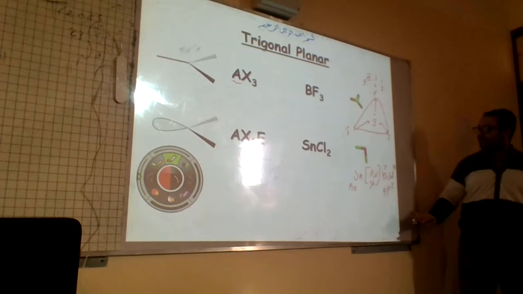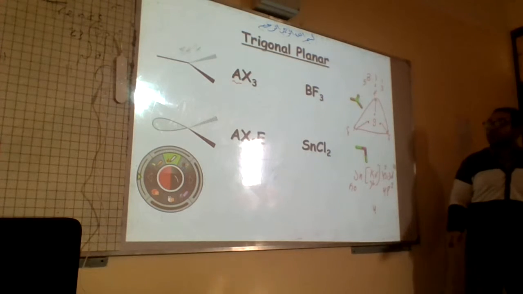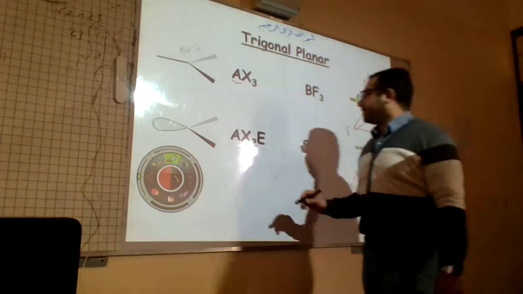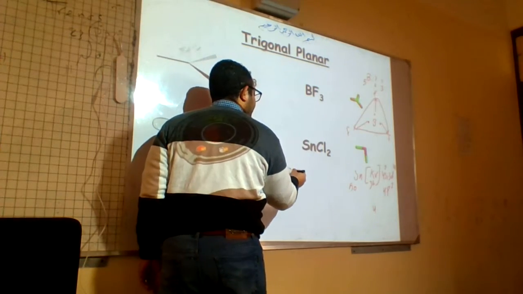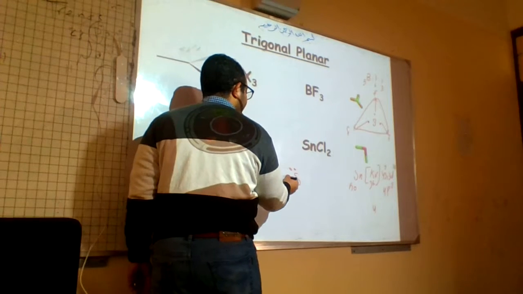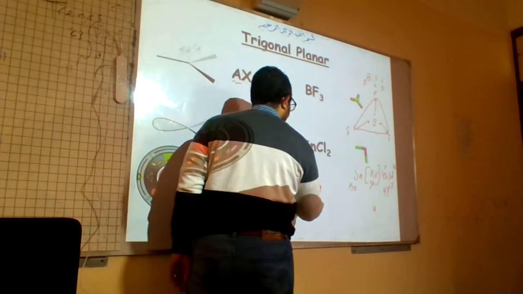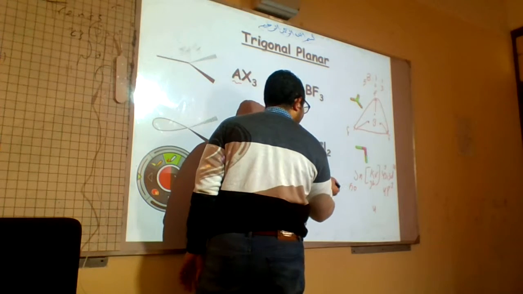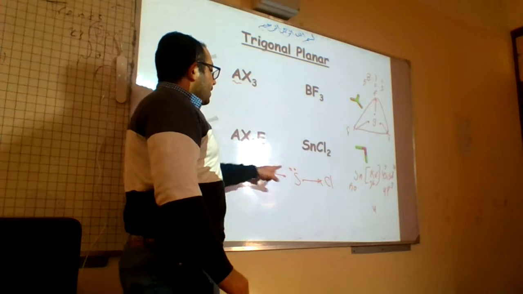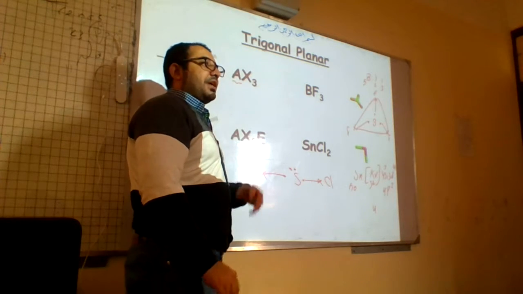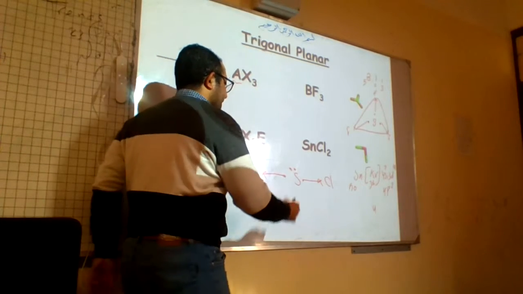We find 2 in the 5s and 2 in the 5p: 4 electrons. So one pair of electrons is unpaired, 1 electron pairs with a chlorine atom, and 1 electron pairs with the other chlorine atom. This unpaired pair of electrons helps determine the shape of the molecule. How? It will create repulsion.